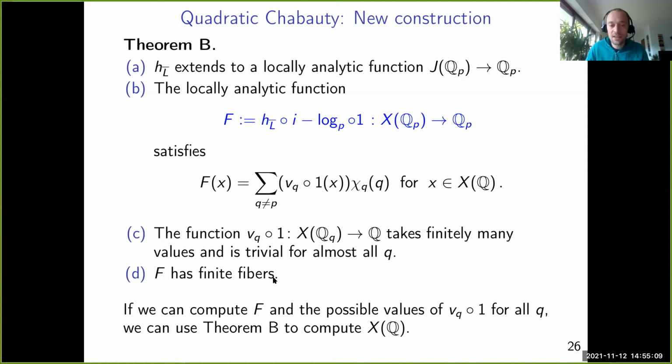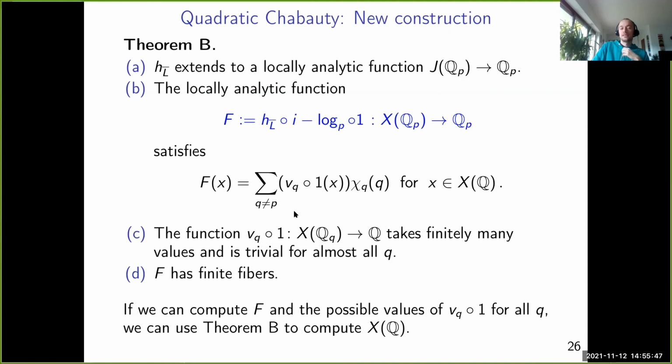If you take all of this together, we get a function f which takes values in some finite set. For each element of that finite set, I know there are only finitely many pre-images. So if I can make all of that explicit, if I can write down f and all the possible values that f can take, then I can use this theorem to actually compute the rational points, just by computing all of the points x such that f of x lives in the set of allowed values.